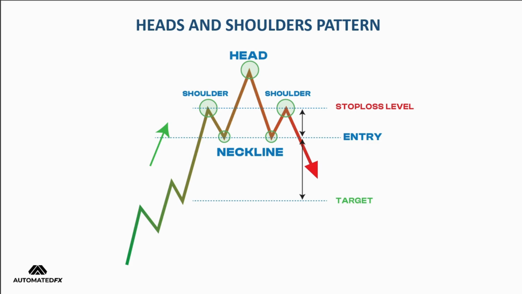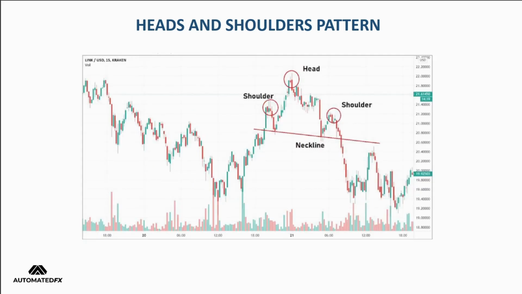A support line known as the neckline connects the lows between these peaks. When price breaks below the neckline, it confirms the pattern and suggests that the uptrend is likely ending and a downtrend may begin. These patterns represent weakening buying momentum and increasing selling pressure.